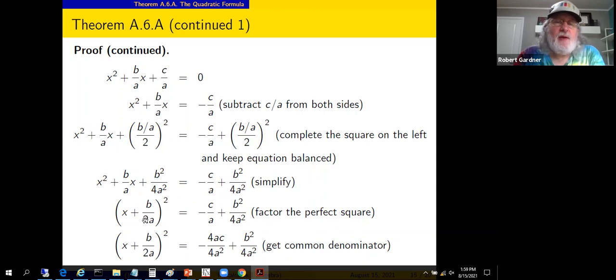This is a perfect square. This is x plus b divided by a over 2, quantity squared. So we get this square equals that. If you don't believe it, FOIL it out. And indeed, that's what you'll get back. We guaranteed this would work because we added just the right thing to make that a perfect square. We completed the square.